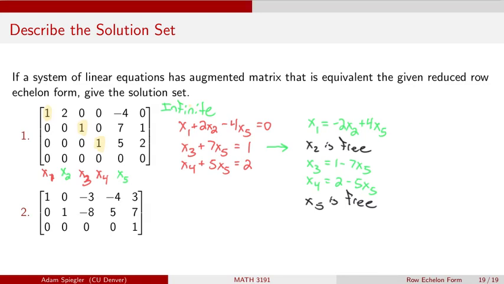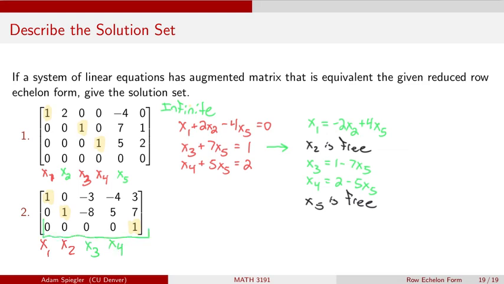For the second matrix, let's first identify where the pivots are. We have a pivot in column 1, we have a pivot in column 2, and we don't have a pivot in column 3 or 4, but we do have a pivot in the last column. From this, we can see that we would have a couple of basic variables, x1 and x2, and a couple of free variables, x3 and x4.